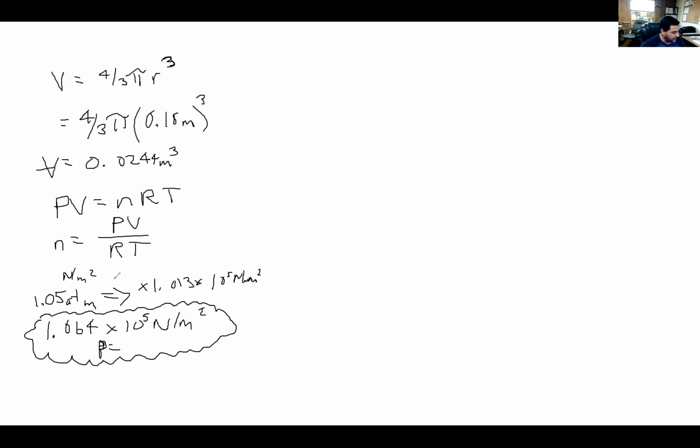So now I have everything that I need to plug in, right? So the number of moles is going to be my 1.064 times 10 to the 5th Newton per meter squared.